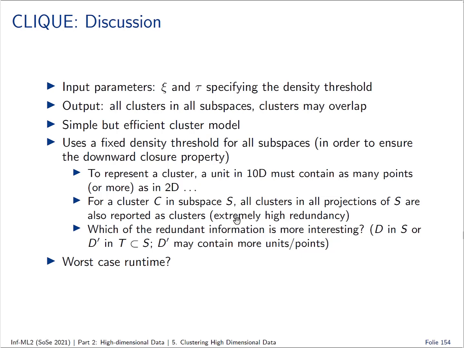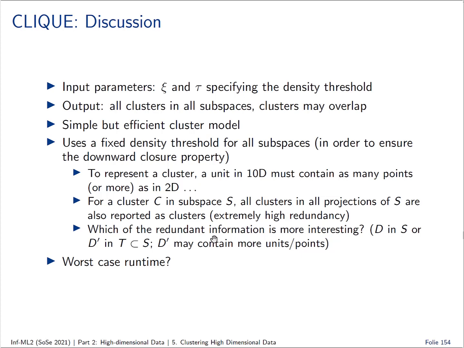And once again, like in the frequent item set mining problem, we get all the frequent item sets of length k, all the redundant k-1 projections of k, and k-2 projections of k, and so on and so on. So there's an extremely high number of resulting clusters, depending, of course, on the threshold. We somehow need to take care that we are not lost in this sea of clusters that we get.